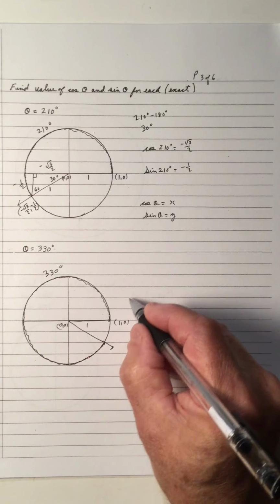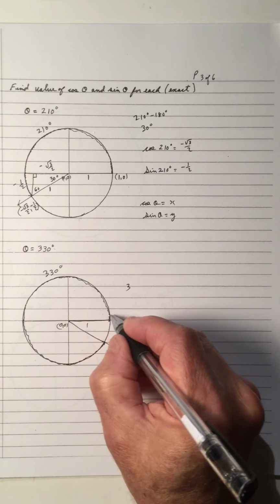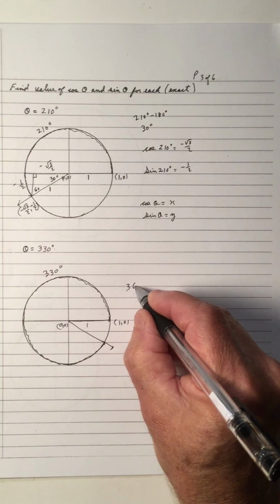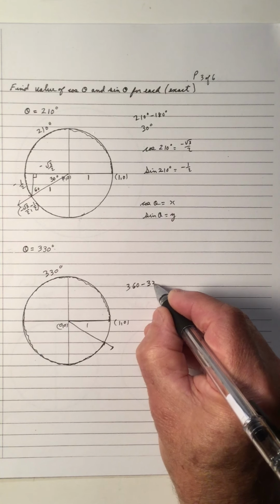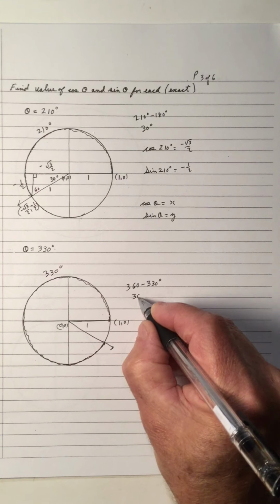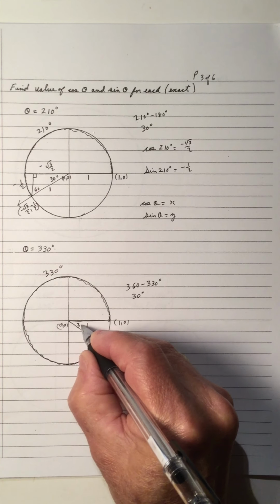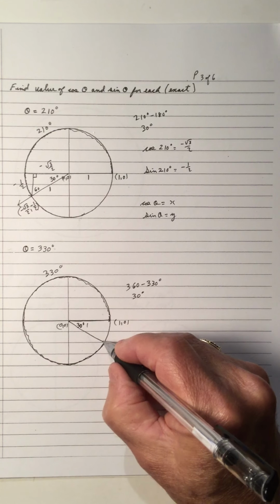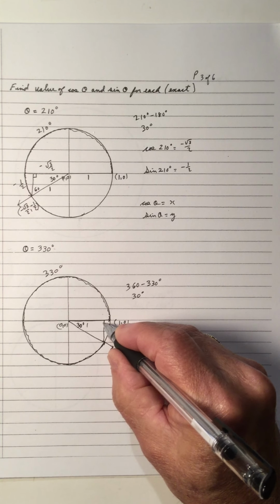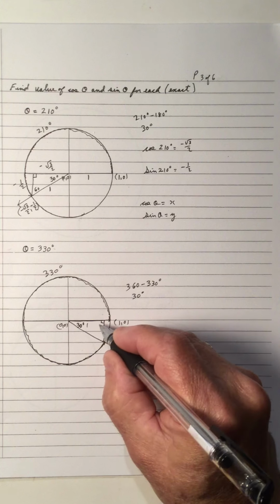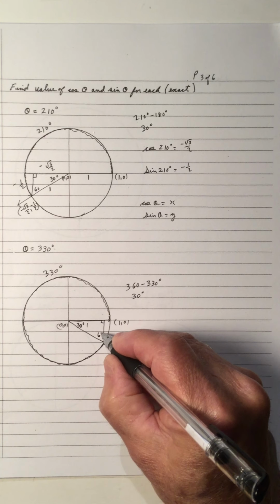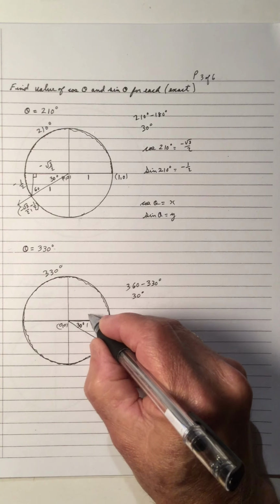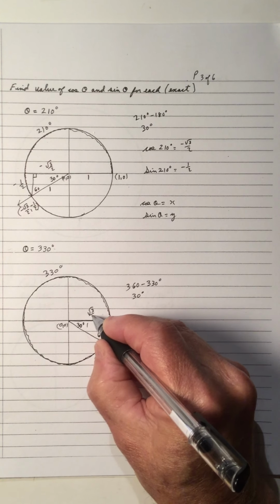So what is this angle here? Well, all the way around, one rotation, is 360. So if I take off 330, I have a 30 degree angle. So the reference angle again for this rotation is 30. Perpendicular to the x-axis, 30, 90. This angle is 60. Opposite 30 is a half. Opposite 60 is root 3 over 2.